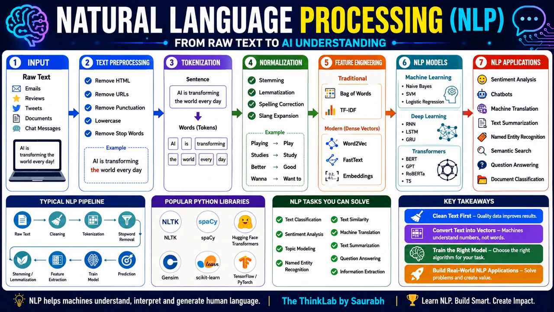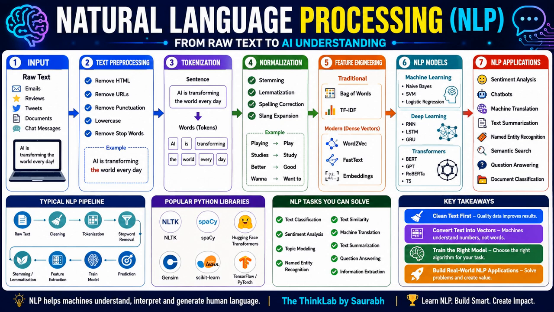The fourth operation is tokenization. What is the meaning of tokenization? Tokenization splits text into smaller units called tokens. We have a bigger text and we divide it into smaller units. There are several types of tokenization. Word tokenization splits a sentence into words.